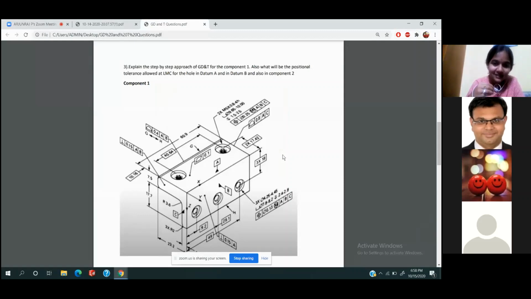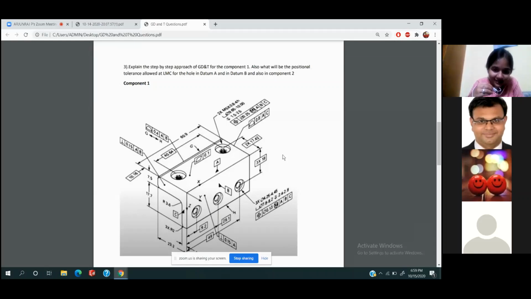The LMC condition is 10 mm, and the tolerance goes from 0.25 at MMC to 0.6 at LMC. So it is an increment of 0.35, 0.25 plus 0.35 is 0.6. Yes, this is what I was asking.